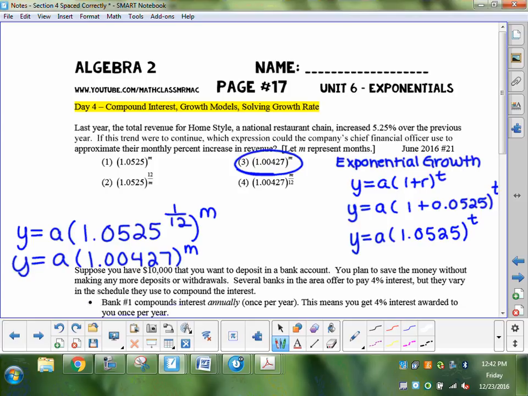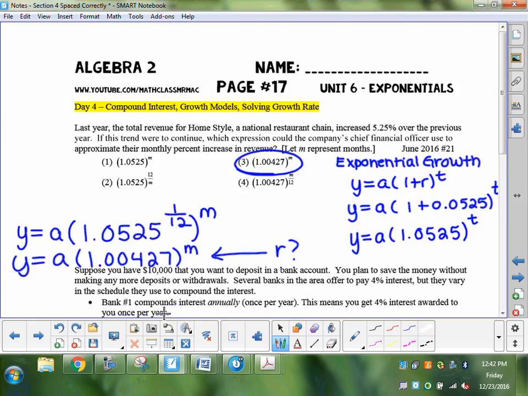Look at what's there. If this is my model, what is my monthly growth rate? If that's the equation that models it. 3 of us? 0.427%. And when you get 0.427% for 12 consecutive months, what would that be for a year?